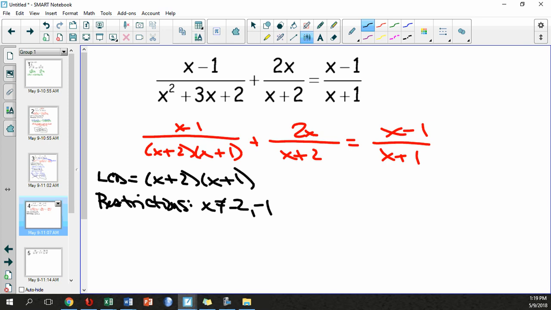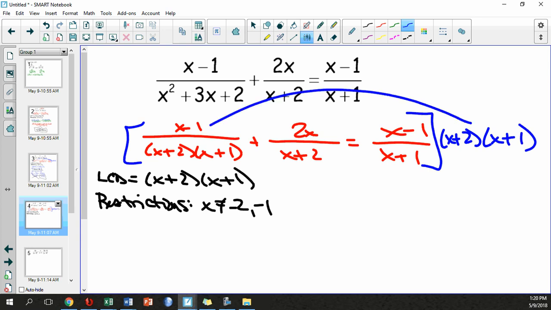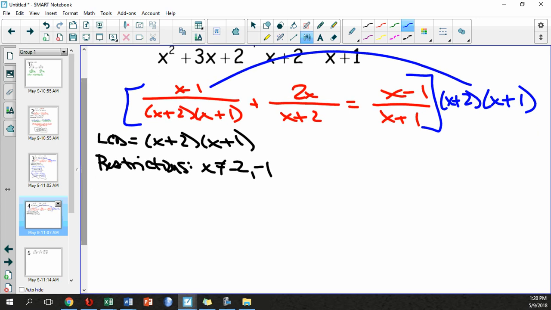Okay, now, do I keep or eliminate the denominator? Eliminate, so I'm going to multiply the entire fraction or equation by my LCD of x plus 2, x plus 1. When I do that, what cancels out? The denominator cancels out, so I'm left with x minus 1 plus, go to the second fraction.